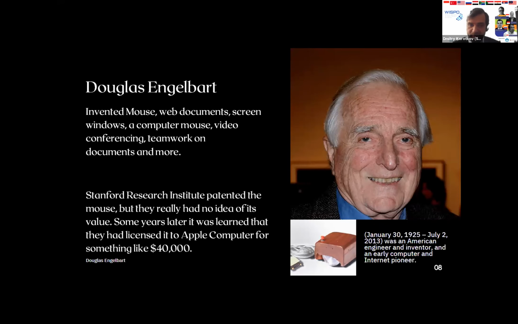At the same time, he never received any royalties for the invention of the mouse. During interviews, he said Stanford Research Institute patented the mouse, but they had no idea of its value. Some years later, it was learned that they had licensed it to Apple computer for something like $40,000. It was a very small amount of fees.